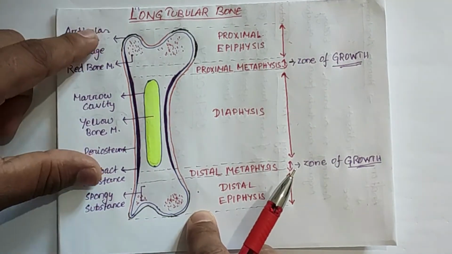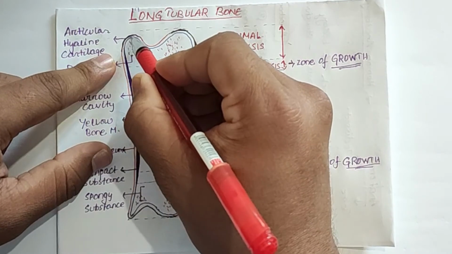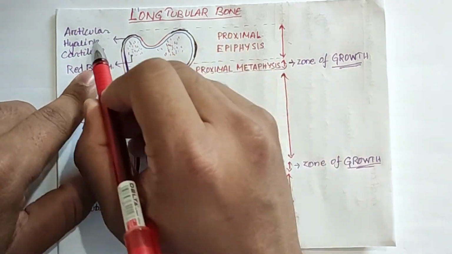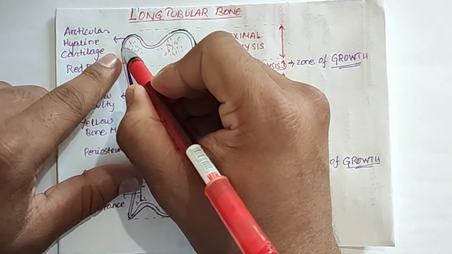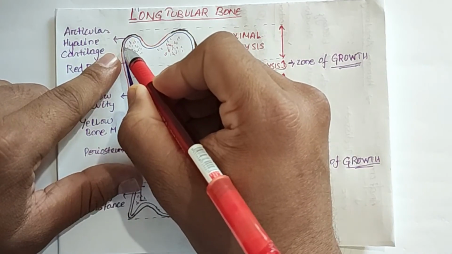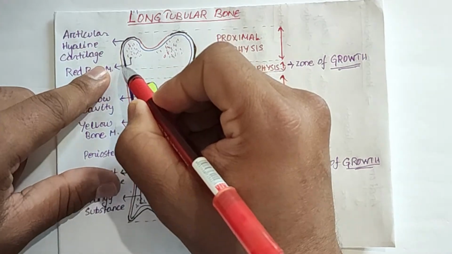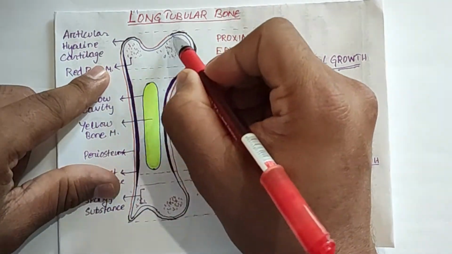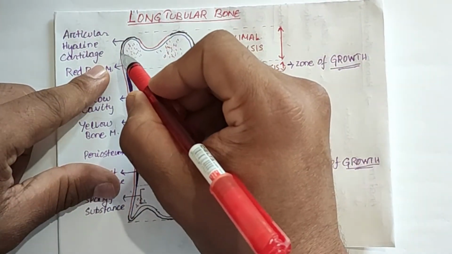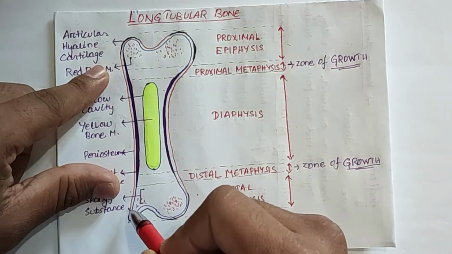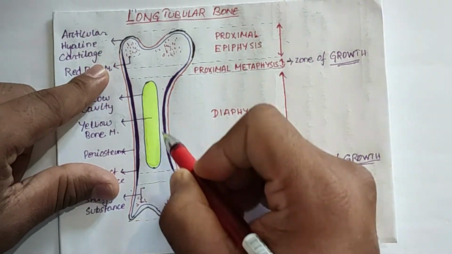And the special thing is the black color part I have marked. It is articular hyaline cartilage. It is present above the articulating surface of the bone, where the periosteum is absent. Otherwise, the periosteum is continuous in all other areas of the bone.